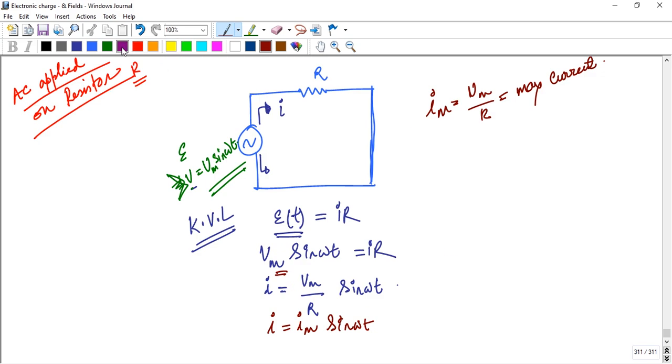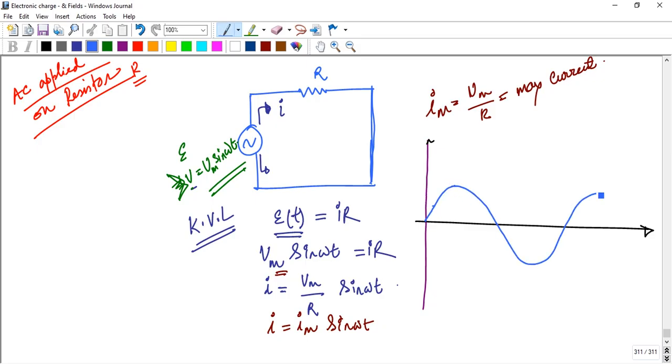Now look at a diagram very carefully. These are the voltage source, and that's the Vm.